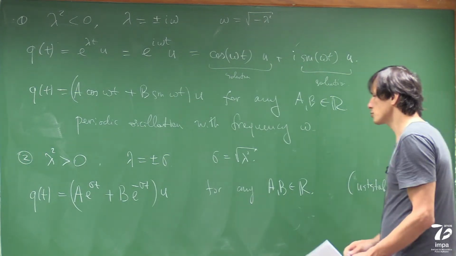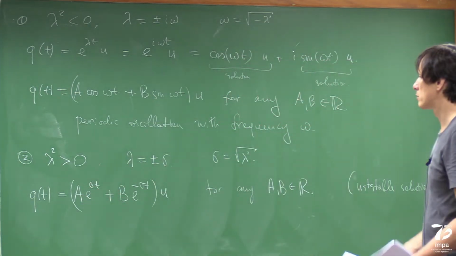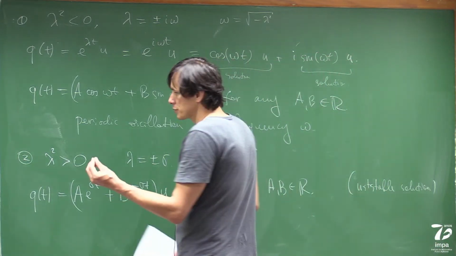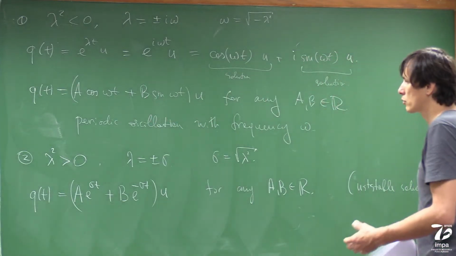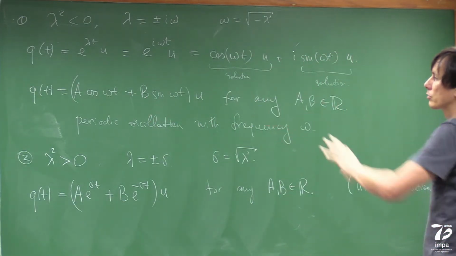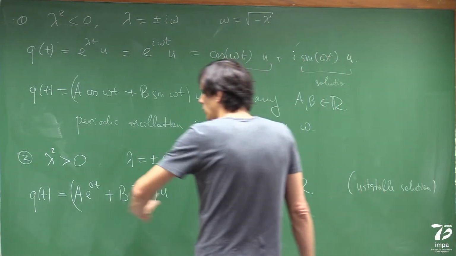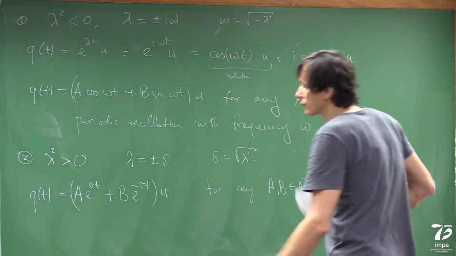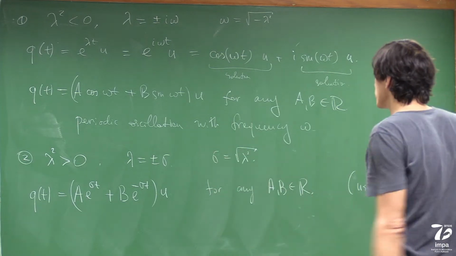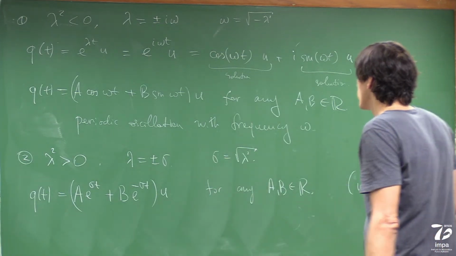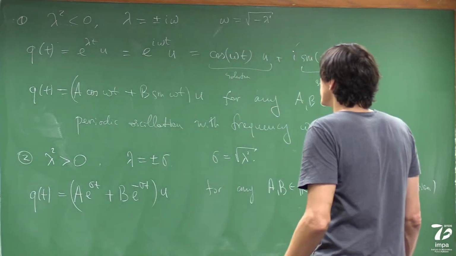The first term will become large, and at a certain moment, even if you start near the equilibrium, it will go far away. When it goes far from equilibrium, the equation that we consider is no longer valid, so we cannot use it anymore. While here you have periodic oscillation, so the solution is approximately valid all the time.